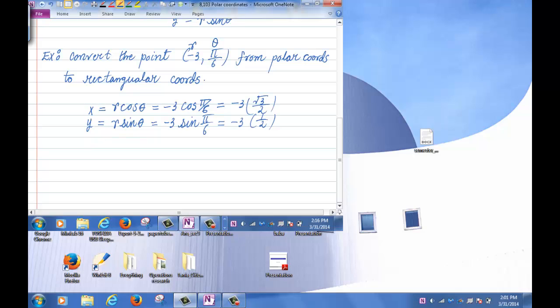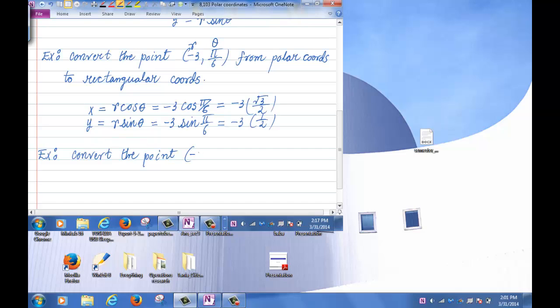So let's say I want to convert the point -2 and 2 root of 3.